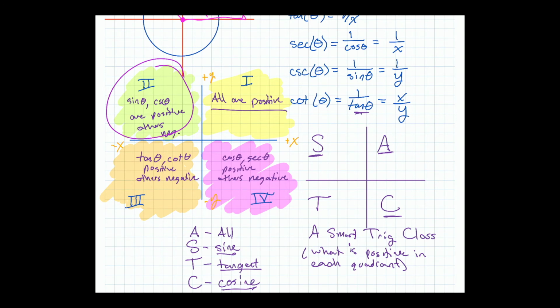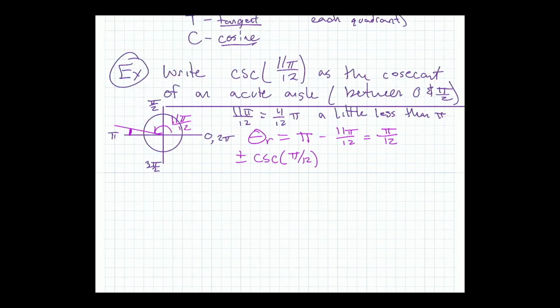In quadrant 2, sine and cosecant are positive. So it shouldn't be plus or minus, it should be the plus. You don't need to write the plus. And that would be the answer. Cosecant of 11 pi over 12 should be cosecant of pi over 12. Right? So the hard part there is really just finding the reference angle.